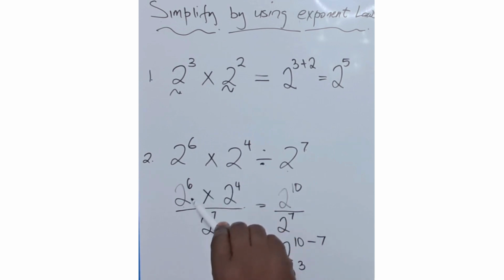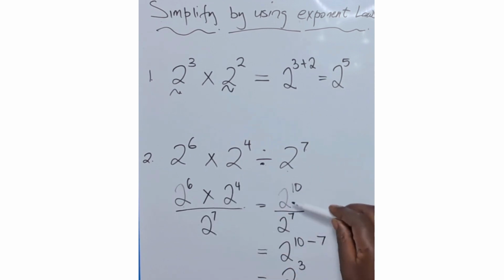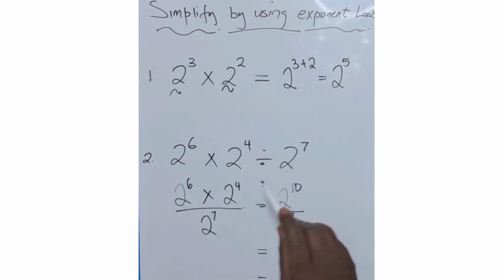In our numerator, we have a 2 and a 2, and the law says if the bases are the same and we are multiplying, we add the exponents. So this became 2 to the power 10, and this 10 is 6 plus 4. We then divided that by 2 to the power 7.